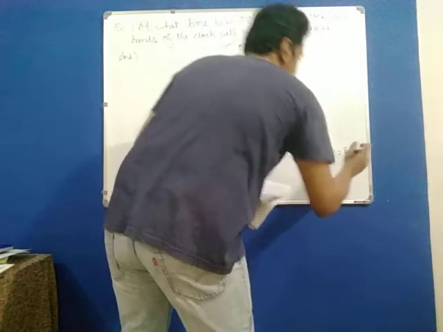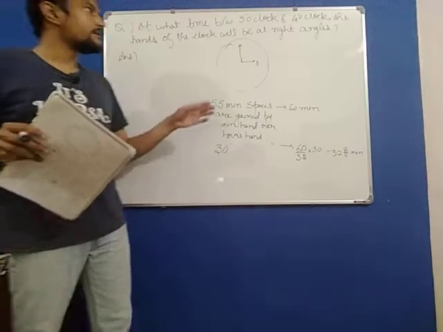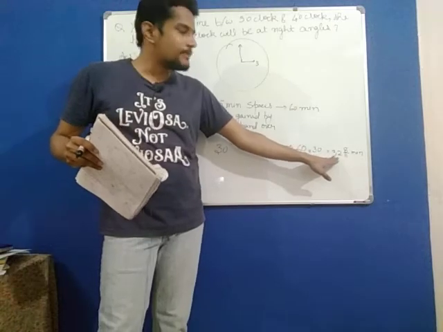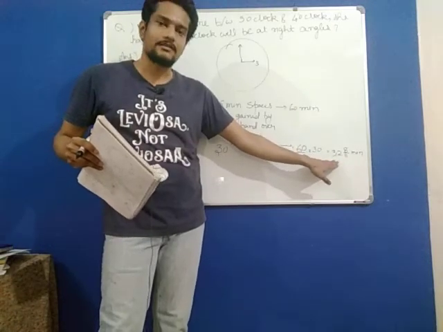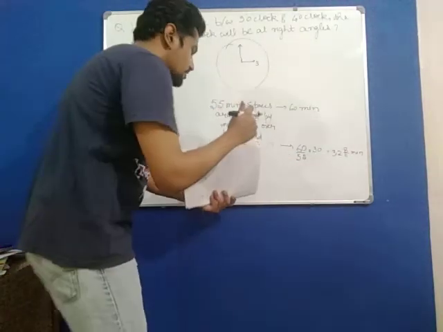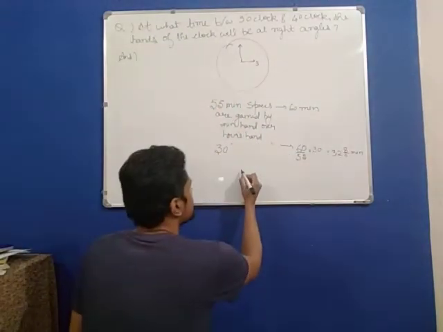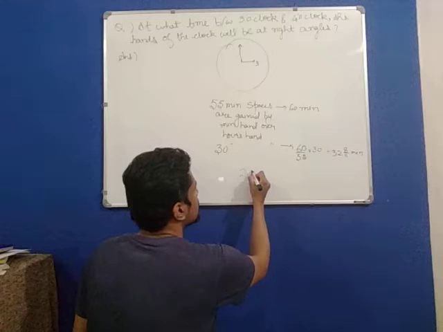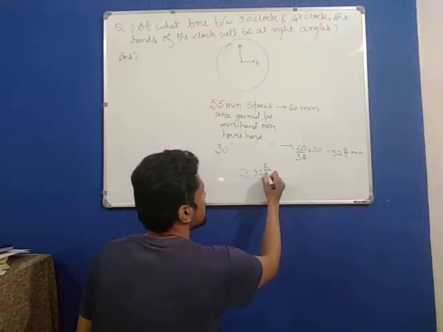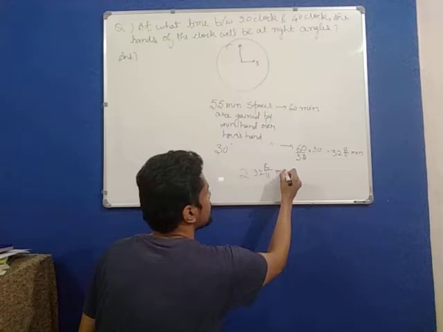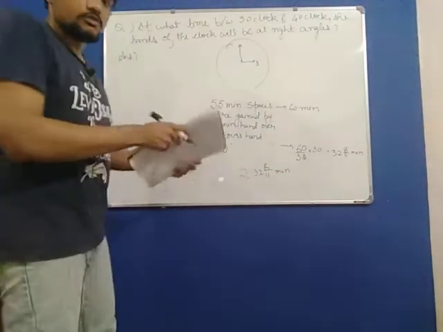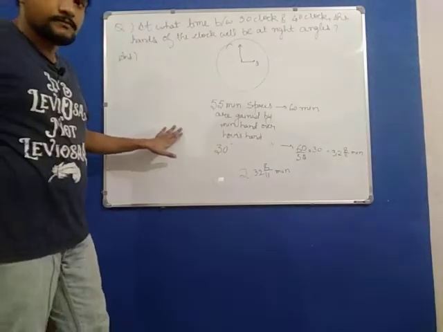Thereby we can conclude that at 3 o'clock 32 8 by 11 minutes the hours and the minutes hand will be at right angles to each other, and that will be the answer. So I hope you have noted this down.